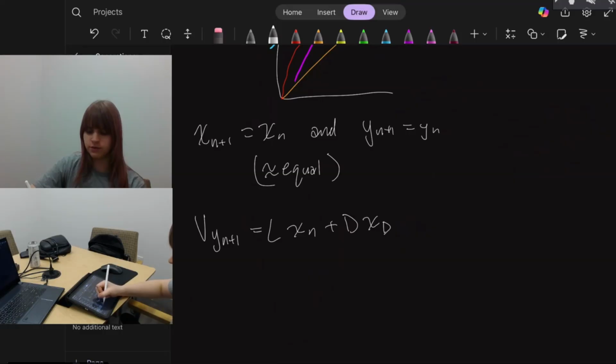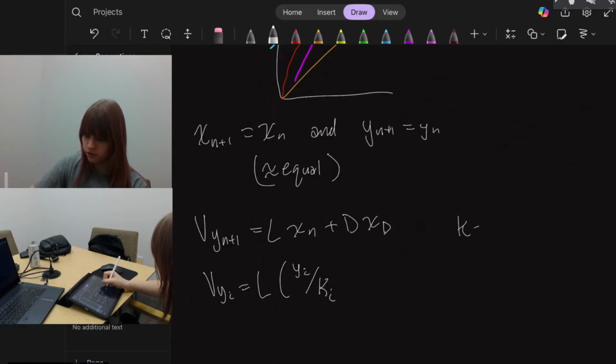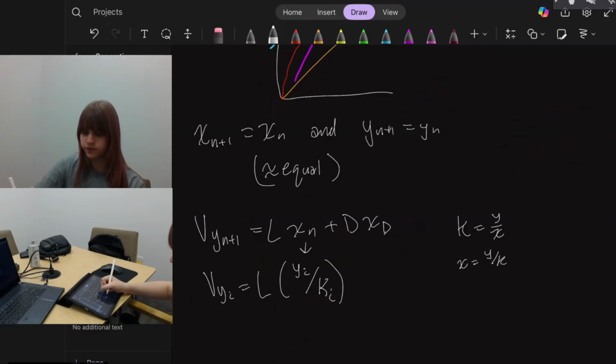We would say V yi is equal to L times yi over Ki, because remember that K is y over x. So x is equal to y over K. So we're just replacing that there. And then we're doing D xD.